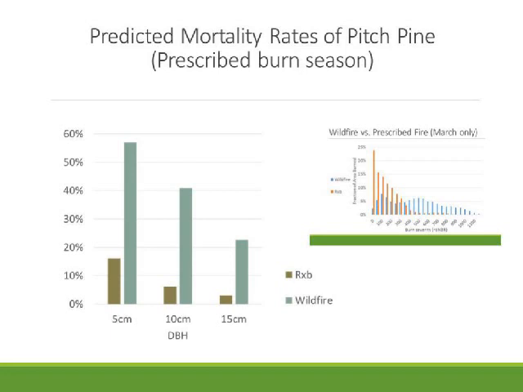And so on that figure on the right, we can just be reminded of how those severity trends differ. And if you multiply it through, you'll see that prescribed fire in the brown bars kills far fewer pitch pines than a wildfire at that time of year might.